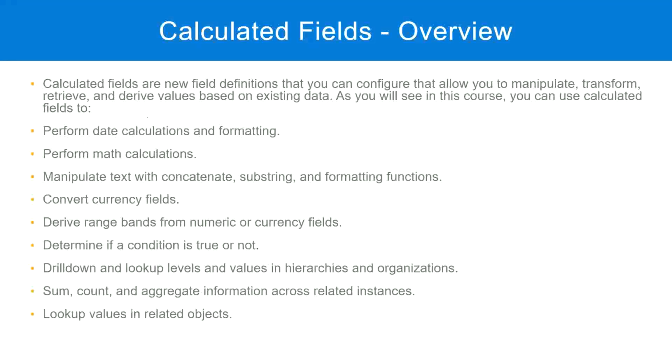You can find that out using calculated fields in hierarchies and organizations. And, of course, you can sum, you can count, you can aggregate information across related instances. And you can look up values in related objects. You can look up the age of a dependent using a calculated field.